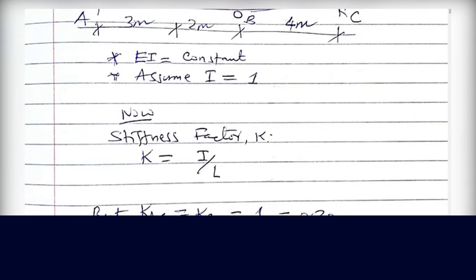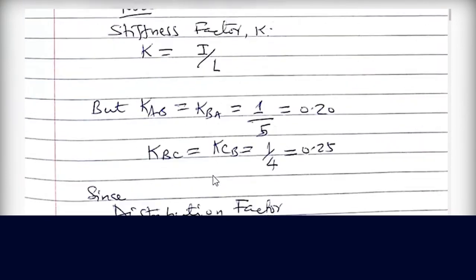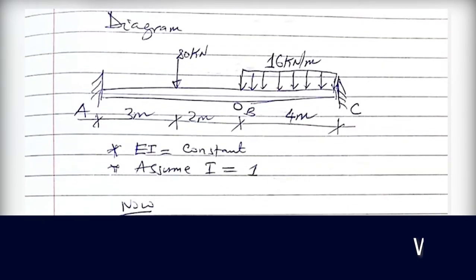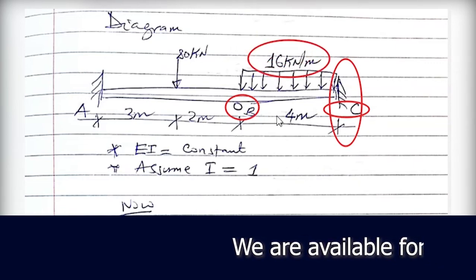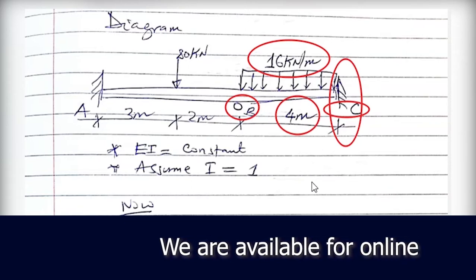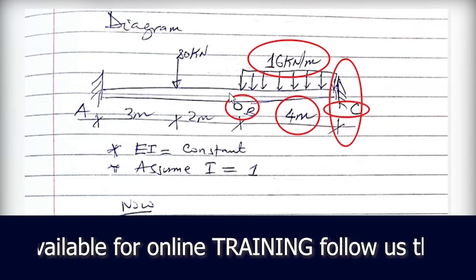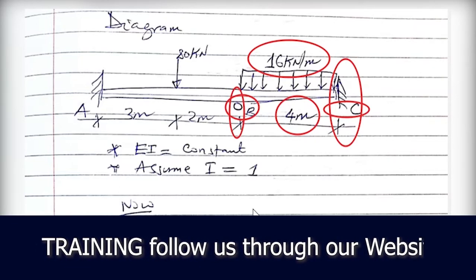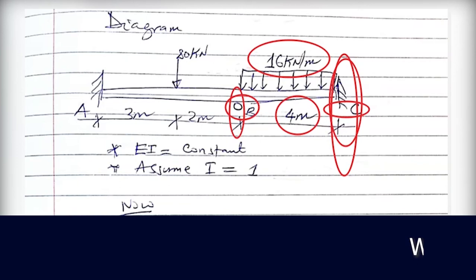Now in the same way, we calculate the other stiffness from support B to support C, which is a fixed support, with a uniform distributed load there. The length is about 4 meters from support B to C. Also, as you see, support B is a pin support, and support C is a fixed support.